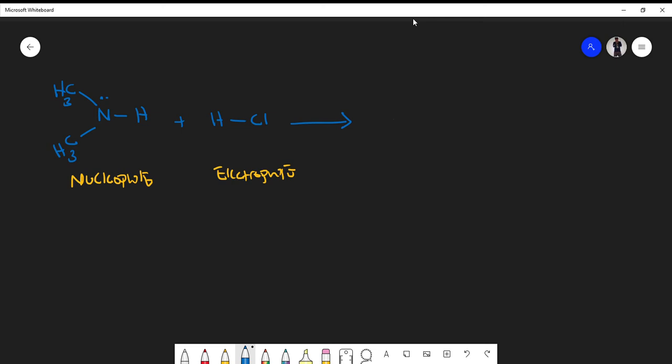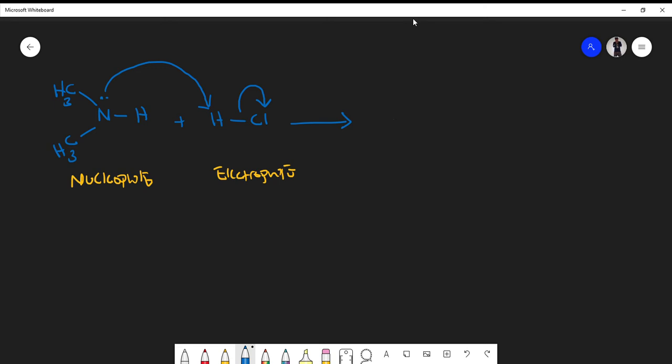So if we draw a curved arrow mechanism, we could actually see that the nitrogen in this case attacks the hydrogen, simultaneously breaking a bond and forming a single bond, and from the single bond it forms a pair of lone pairs on the chlorine.